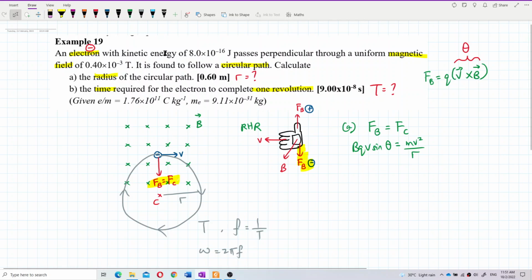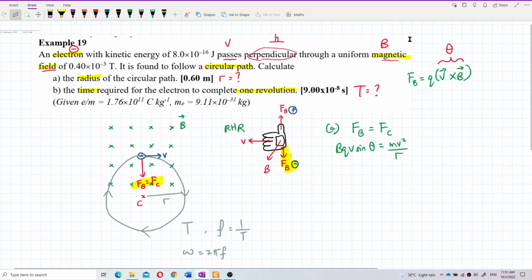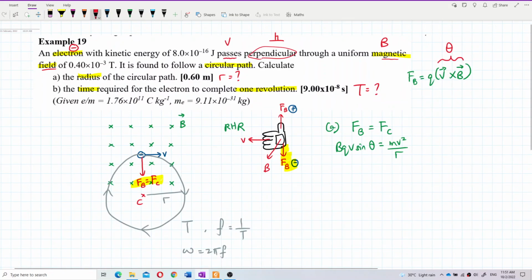The question says the electron passes perpendicular through a magnetic field. Passes carries the meaning of velocity. Perpendicular to what? Perpendicular to the magnetic field, which is B. So from here we can see velocity is perpendicular to magnetic field.